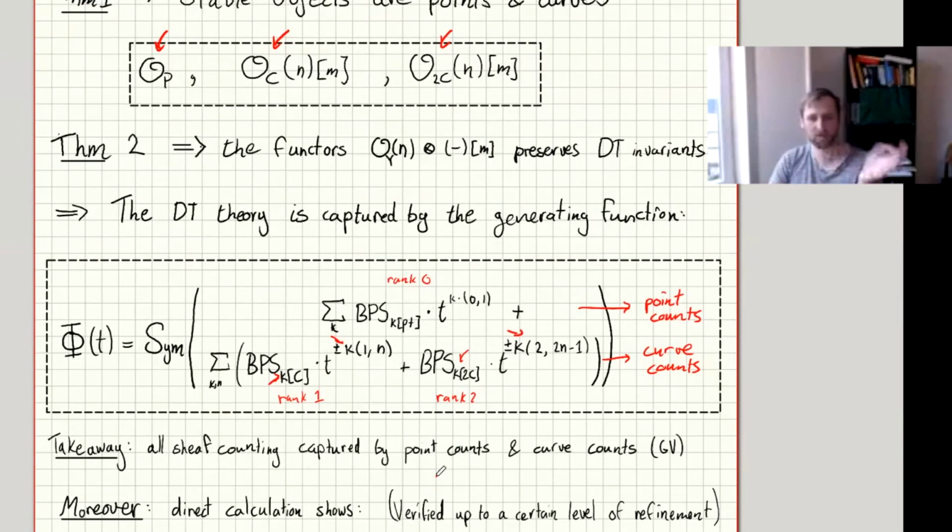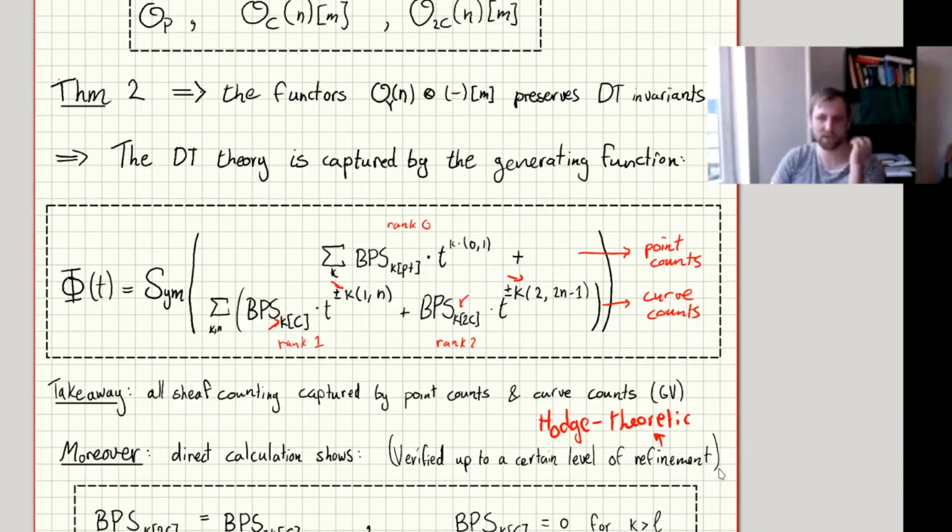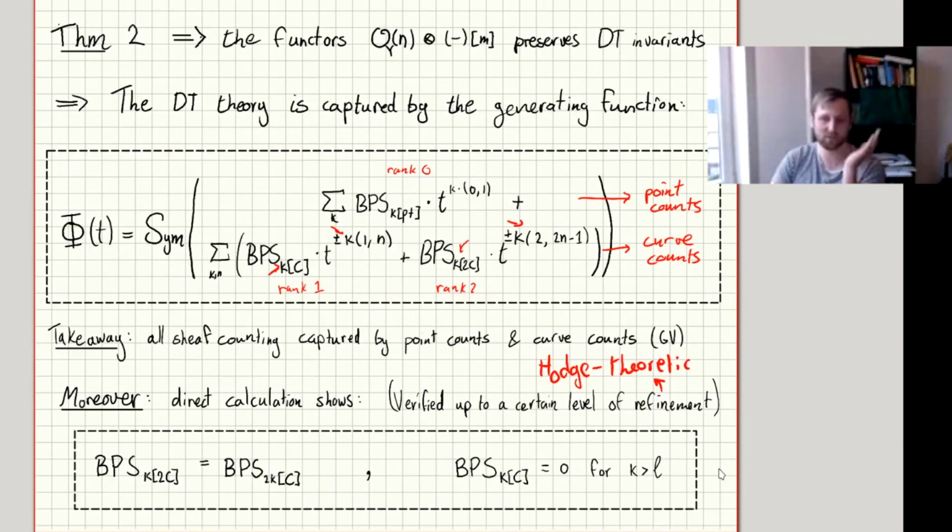But once you start actually calculating stuff, then more is actually true. So up to a certain level of refinement, which is the Hodge theoretic one. So sadly, I wasn't able to completely calculate all this stuff for motivic invariants.